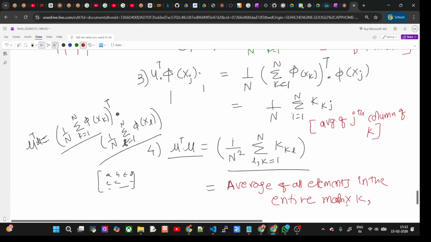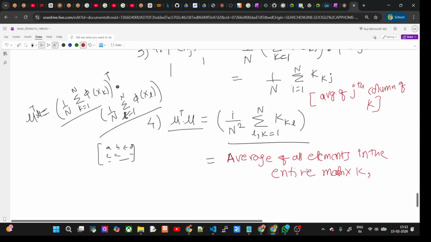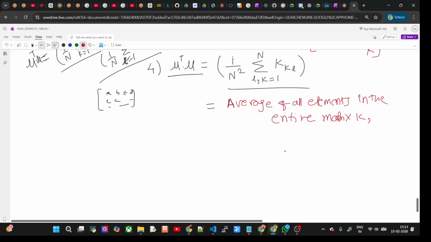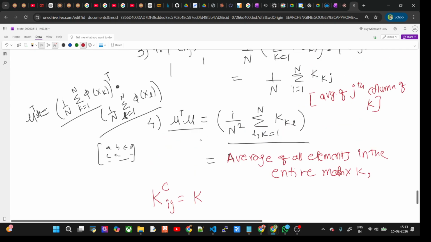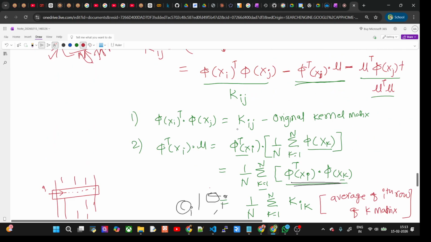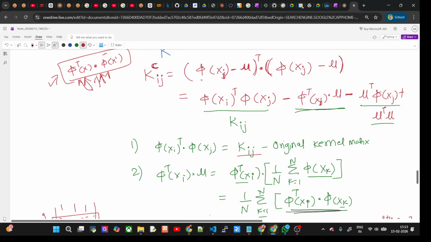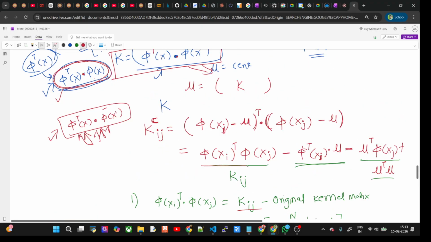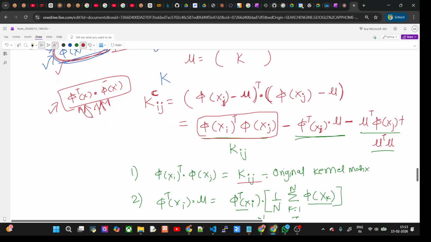You don't need to write the complete things, I just gave the idea. The final centered matrix K ij is nothing but the actual K ij, the first term. So I am replacing this by K ij here.